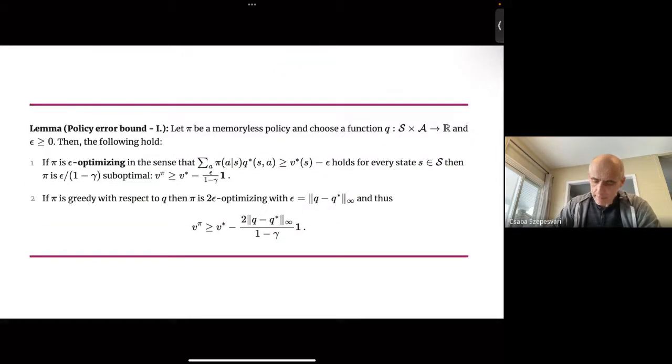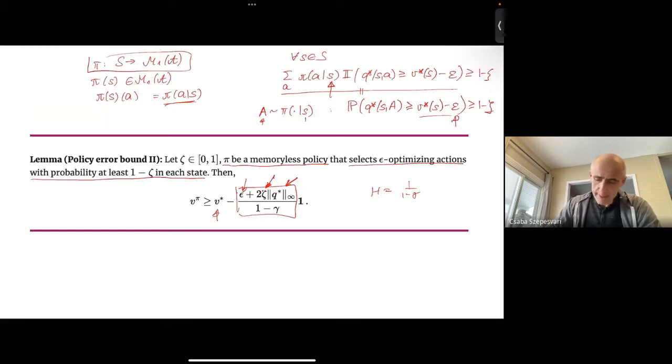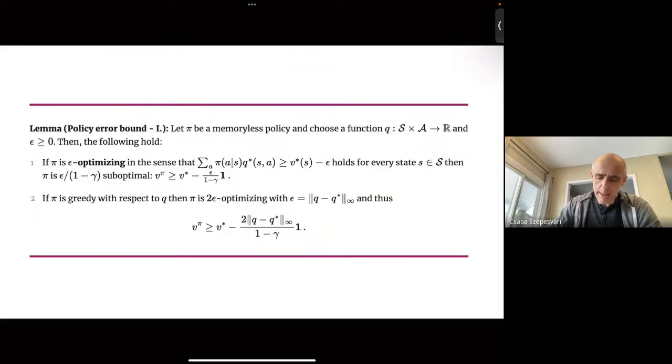All right. So how do we get this result? Well, you can get this result by first proving an even more elementary result, which has two parts. One part says that if pi is an epsilon optimizing policy, in the sense that the average optimal Q value under pi is epsilon close to the optimal value at every state, then pi itself is at most epsilon over 1 minus gamma suboptimal.